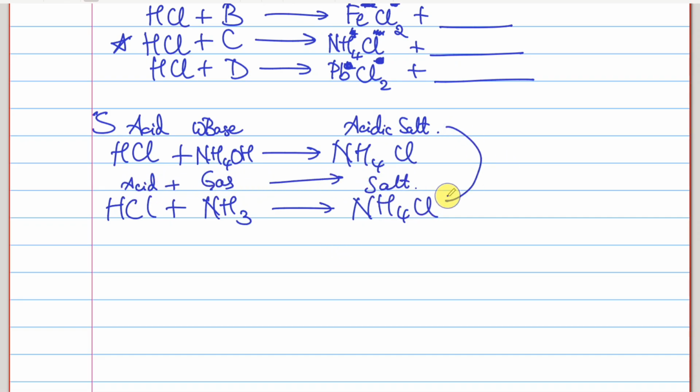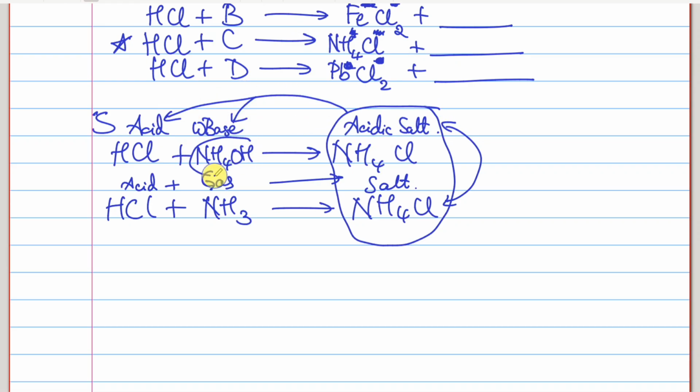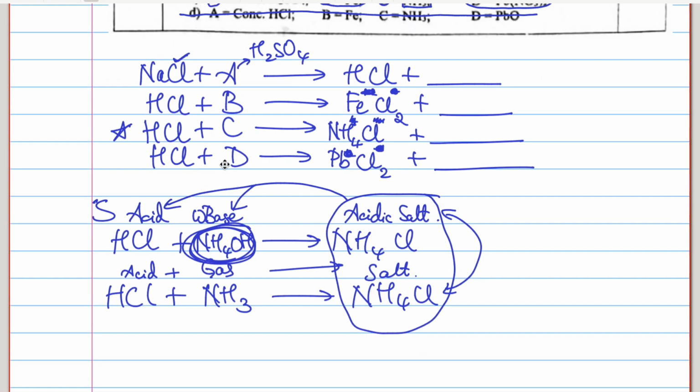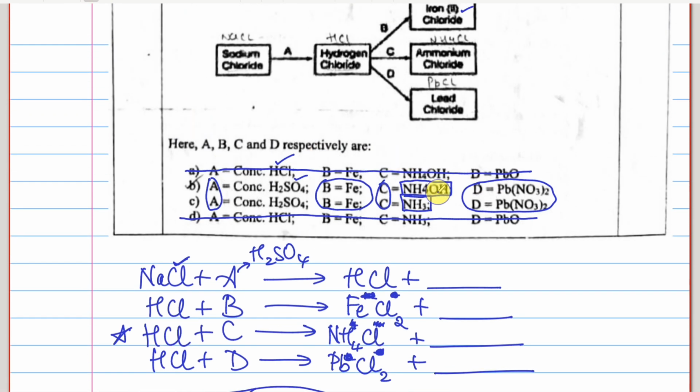So out of these two reactions, which one is most likely to take place? Because a salt is being formed, and salt is always formed by a neutralization reaction between an acid and a base. So C must be ammonium hydroxide.